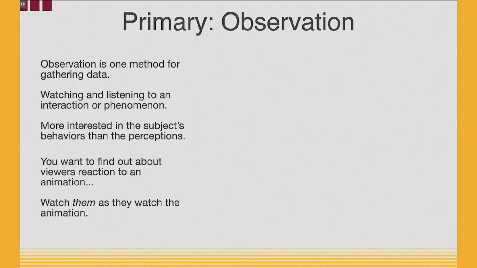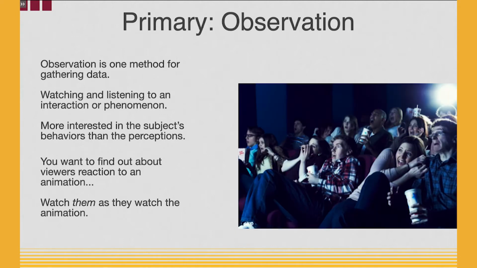Maybe you want to find out how viewers react to a particular animation. Just watch them as they watch the animation. And then as a researcher, you write down those reactions.